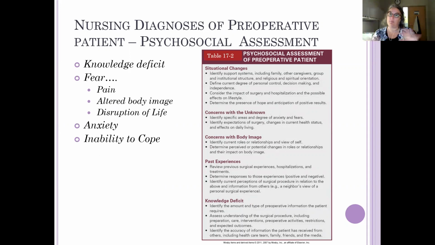There's a whole bunch of altered body image, disruption of life, and pain problems surrounding your preoperative patients. They are anxious. So successful preoperative nurses provide a lot of education and are very supportive, because there is a lot of psychosocial mental health that you're going to be talking about on Tuesdays with Britt. There's going to be a lot of mental health that goes into a preoperative situation.